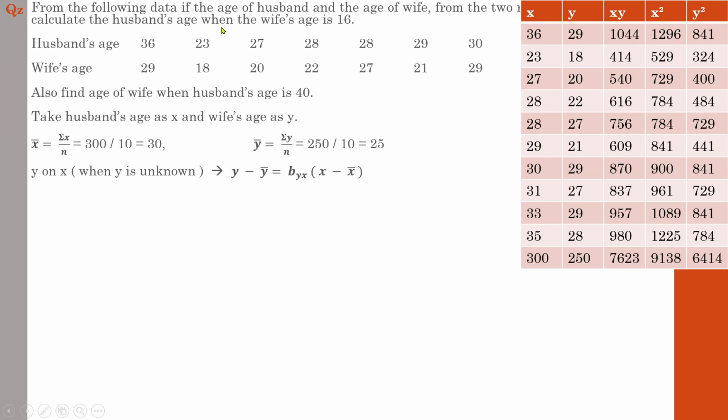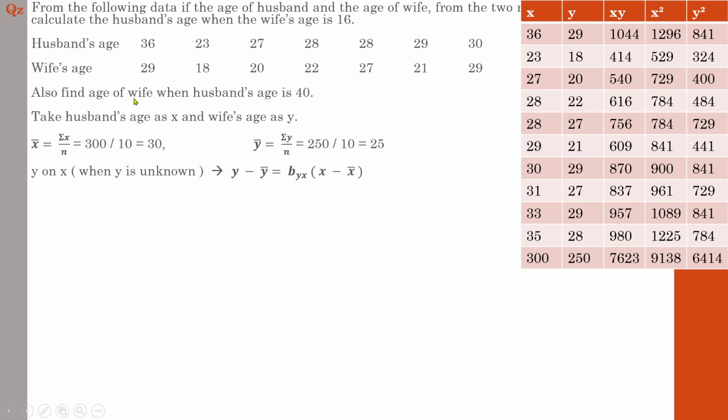Calculate husband's age when the wife's age is 16 means calculate x when y is 16. So x is unknown. In the second part, also find the age of y when husband's age is x. Age of wife is y and age of husband is x. So x is given, y is unknown.